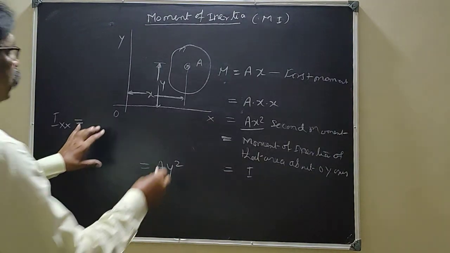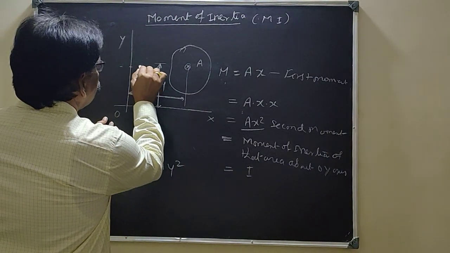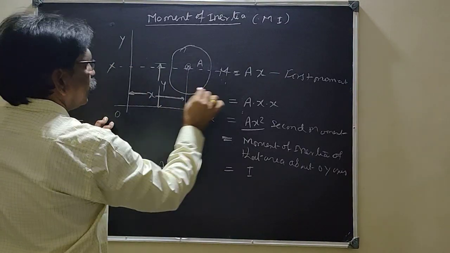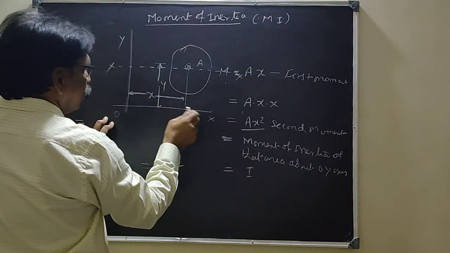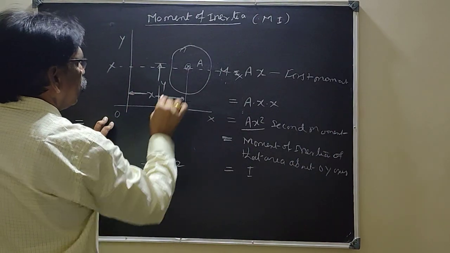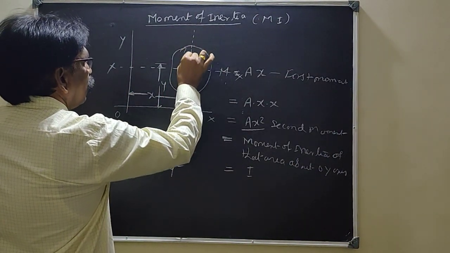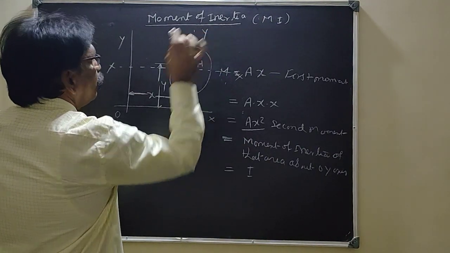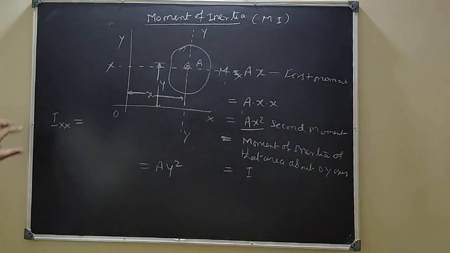For example, this is the centroidal axis xx, parallel to the OX axis, and this is the yy axis, parallel to OY.